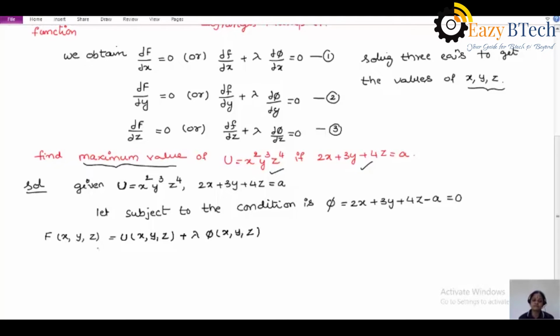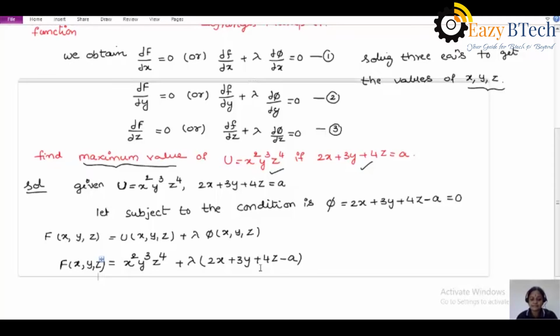It is the Lagrange's function, students. Substitute the values. The u function is x square y cube z power 4 plus lambda into phi, the subject to the condition, which is 2x plus 3y plus 4z minus a. So now we have the Lagrange's function capital F of x comma y comma z.